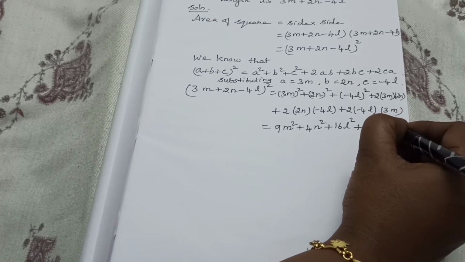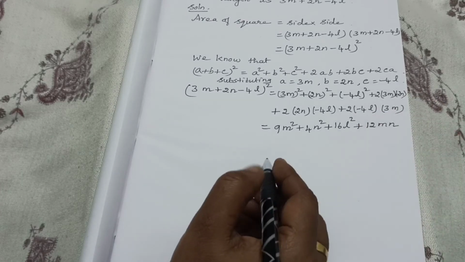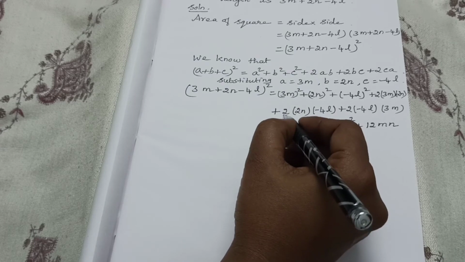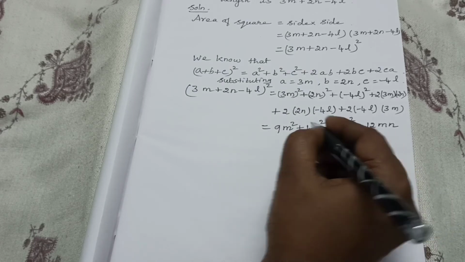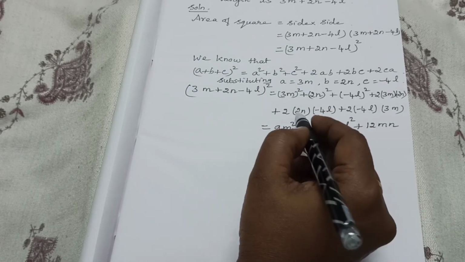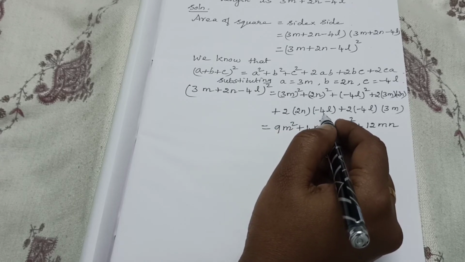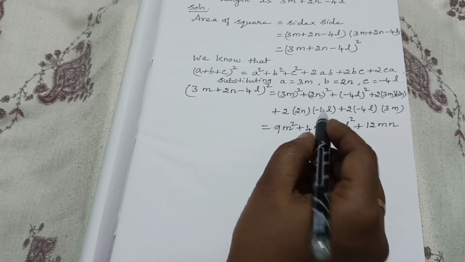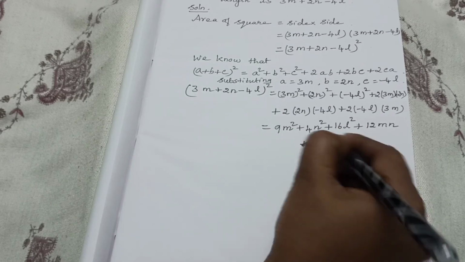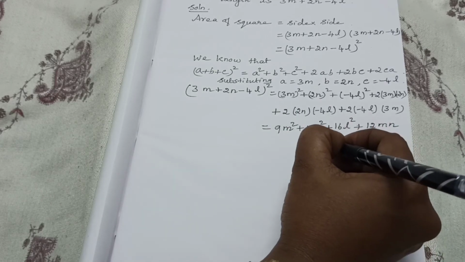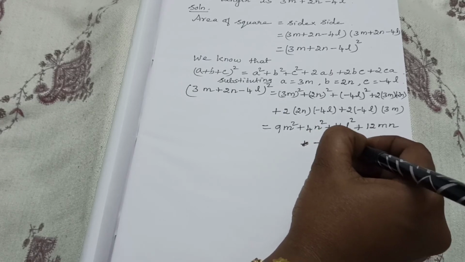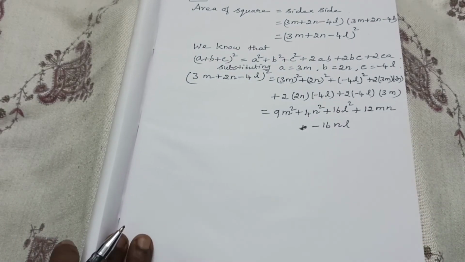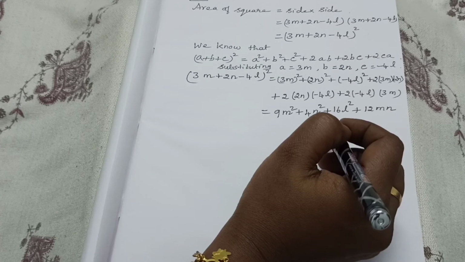12mn. Okay. Then here plus 2 2s are 4, isn't it? Then 4 4s are 16. Plus into minus is what? Here minus. Okay. 16nl. Any doubt?